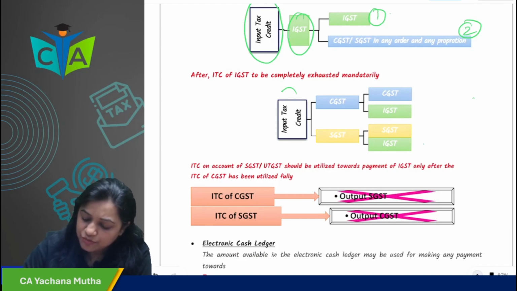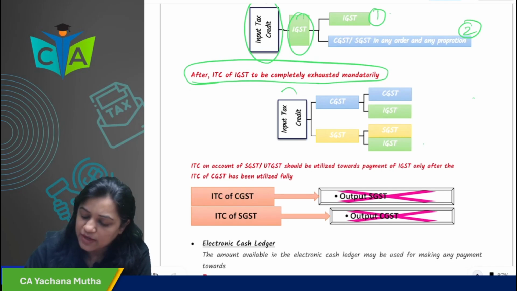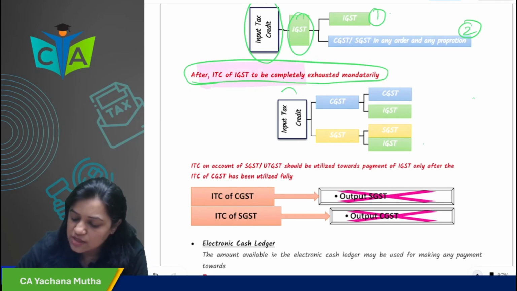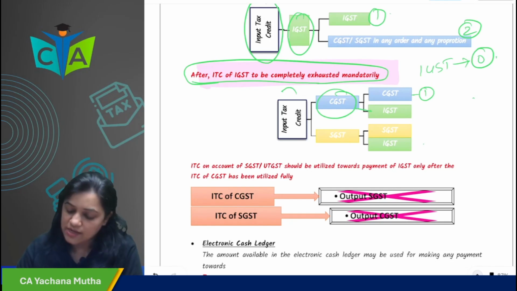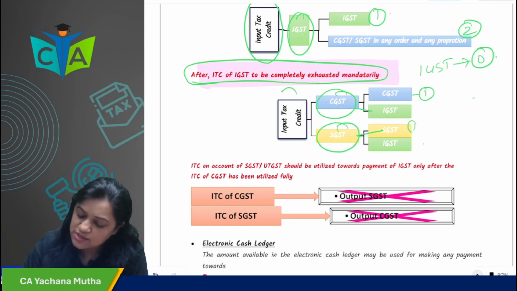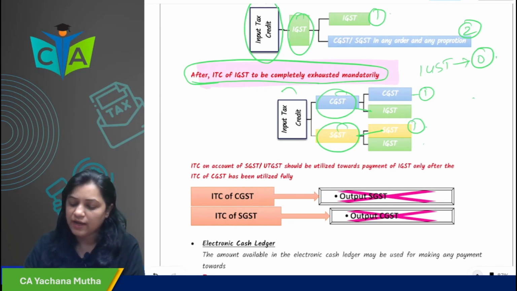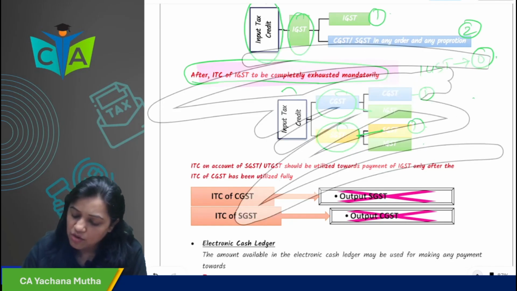When your ITC of IGST is completely exhausted, that means your IGST has become zero, then after that you will use CGST. CGST will be used first for CGST, then for IGST, and SGST will be used first for SGST, then for IGST.